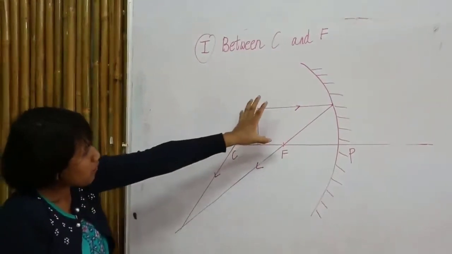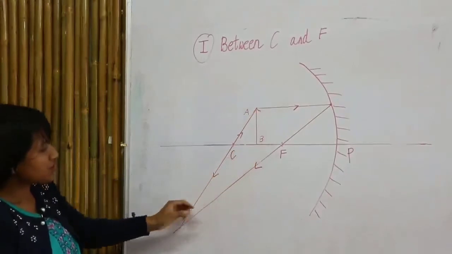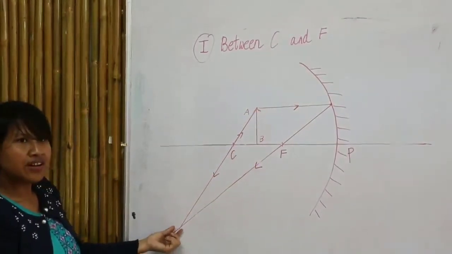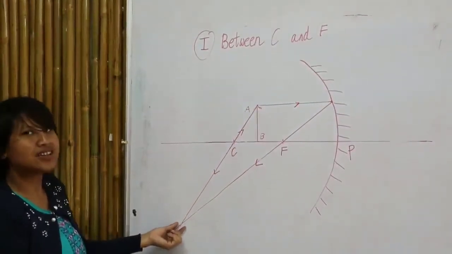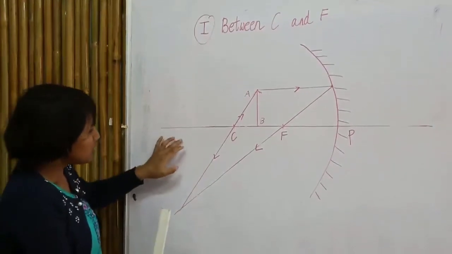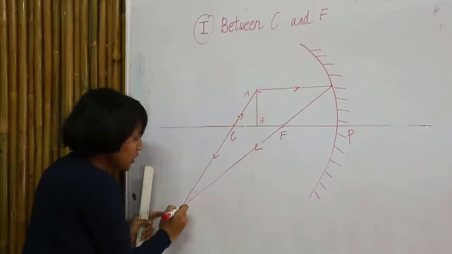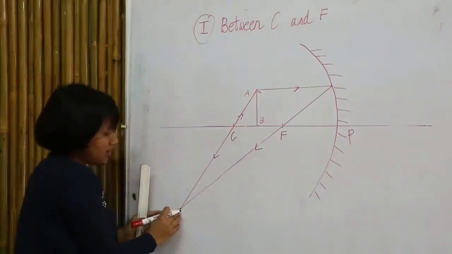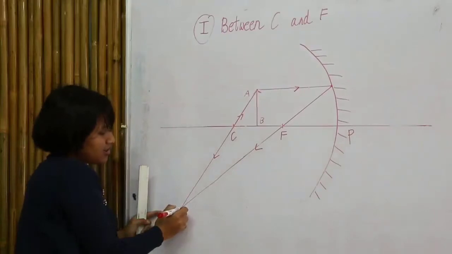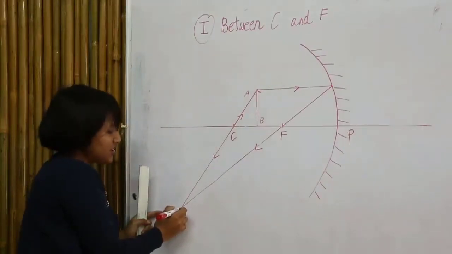Then the point of intersection of these reflected rays, you see they are intersecting, right? Now we have taken only this tip, and we have found that it is formed here.